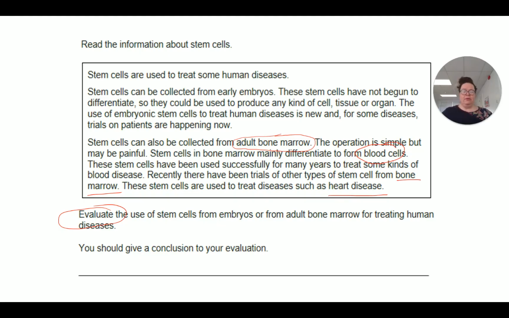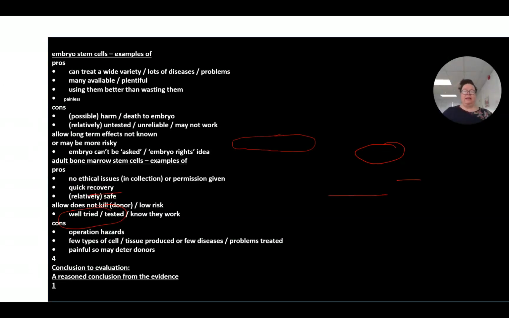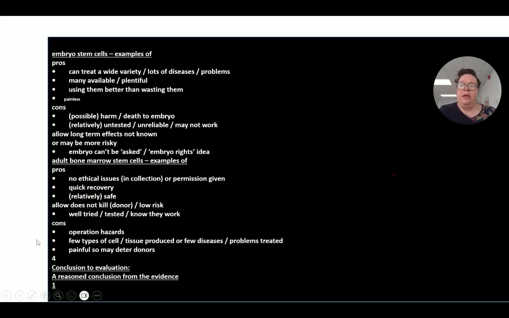So let's have a quick look at the mark scheme then. There's a lot on this, but you only need 6. Okay. So now you only need 6 of these. 3 from this top bit here.